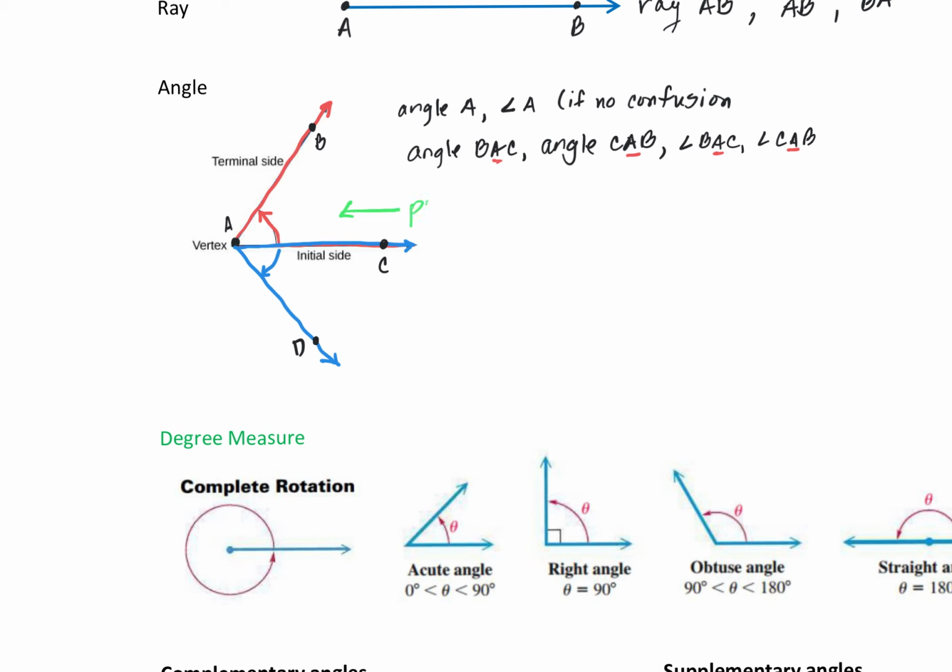So this is what we call a positive angle. It's going counterclockwise. Whenever you have an angle that's going up and around or in a counterclockwise direction, it will be a positive angle. Now the other angle that we drew is going clockwise, so that would be negative direction.